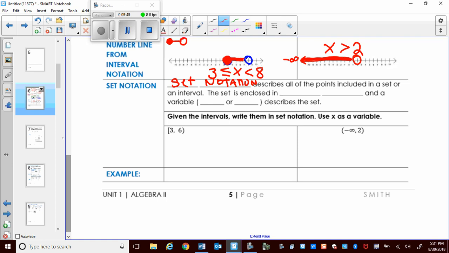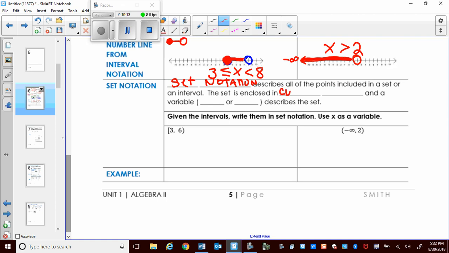The difference is we don't use brackets. We're using the less than, greater than, equal to symbols. And the set is typically enclosed in curly brackets. I should probably write that out.